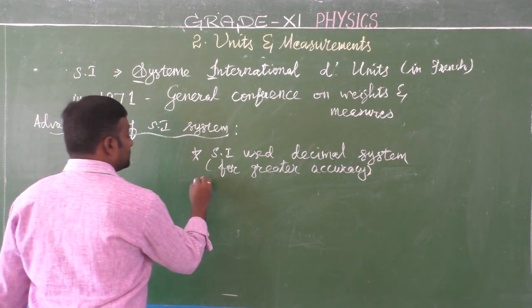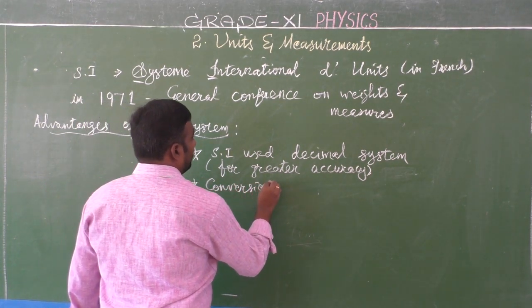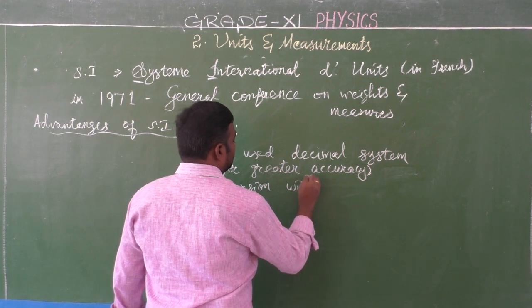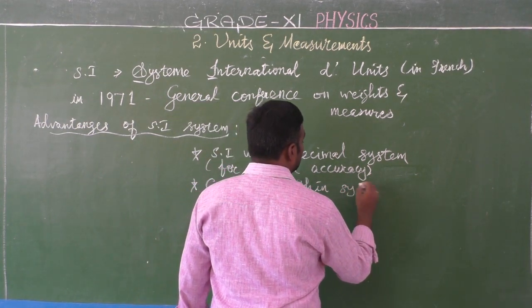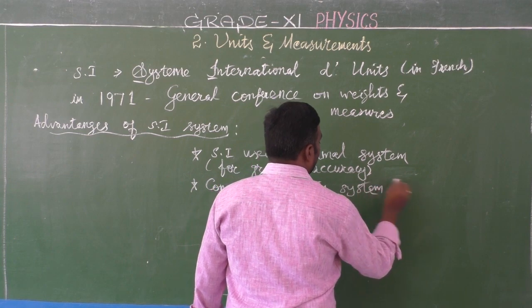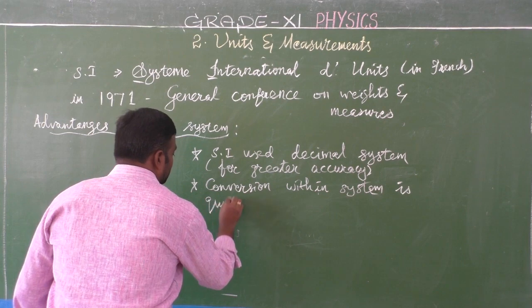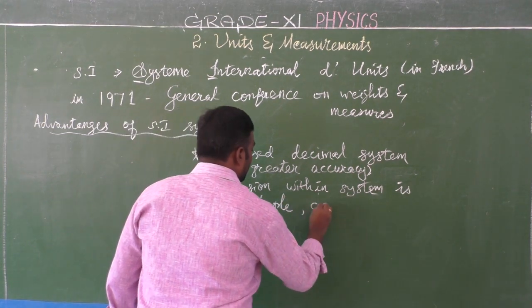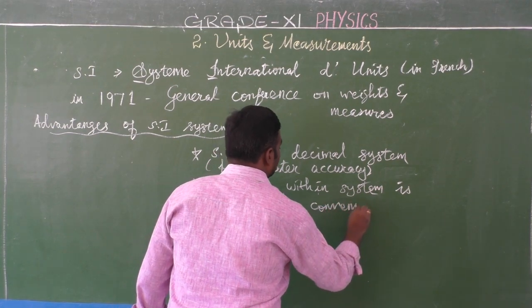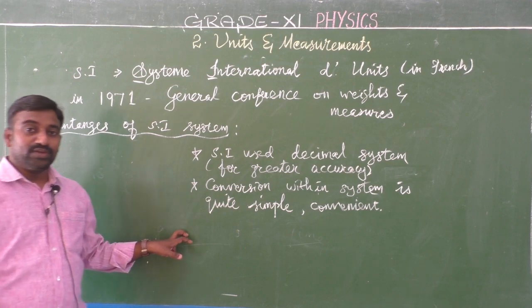The second advantage is that the conversion within the system is quite simple and convenient. So that is why they introduced the SI system. These are the main advantages of following the SI system.